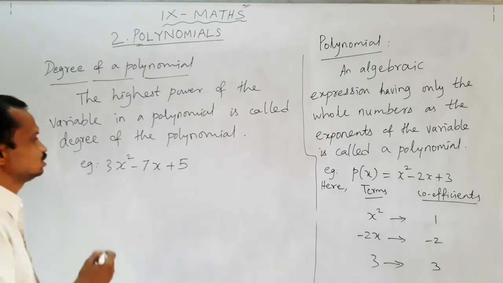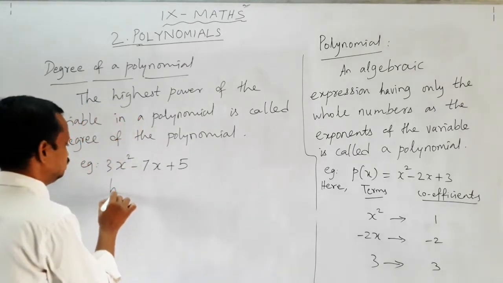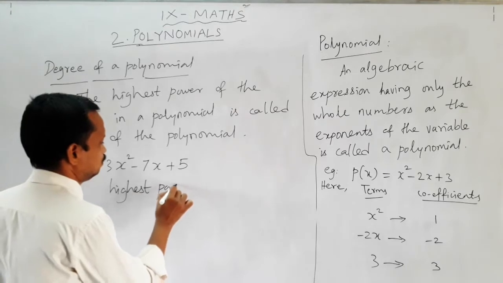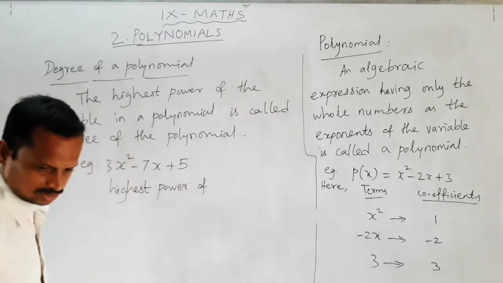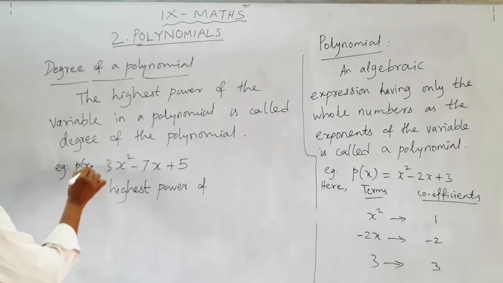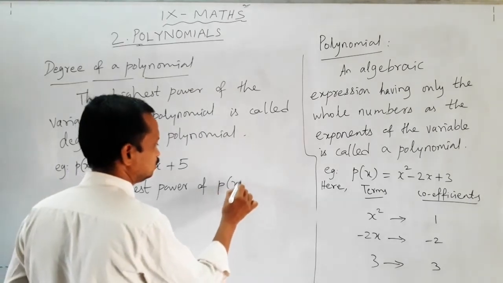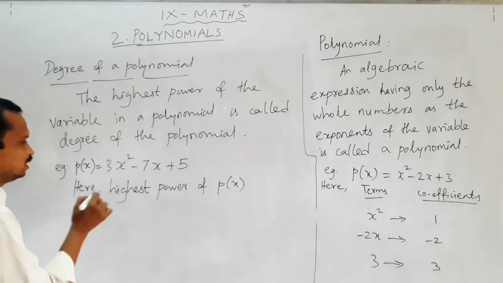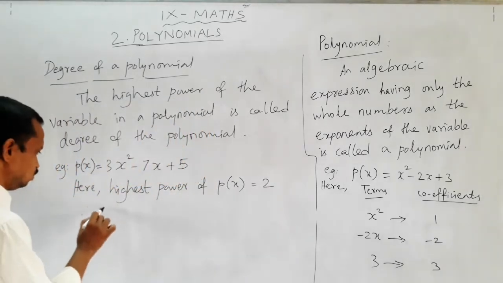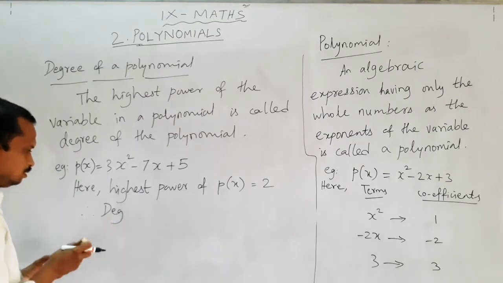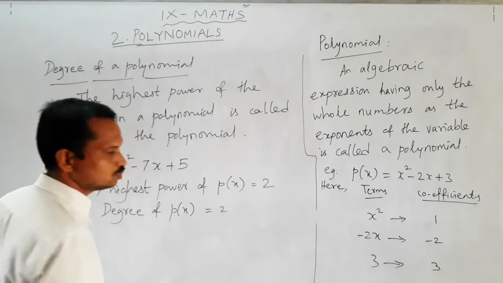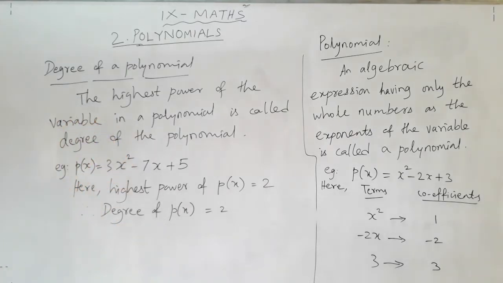So the highest power of p of x, let it be p of x, is 2. So the degree of p of x is also 2. Degree means the highest power of the variable in a polynomial.